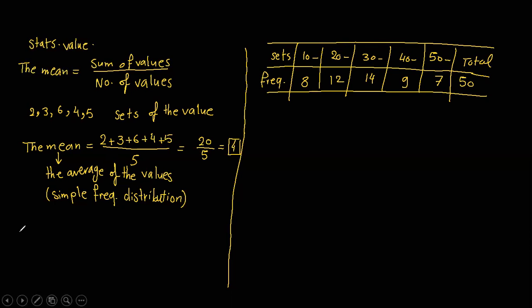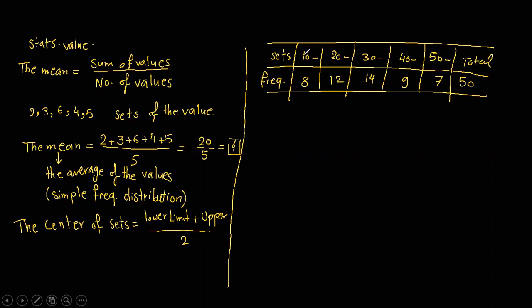So the center of set, as we studied before, the center of sets equals lower limit plus upper limit divided by 2.